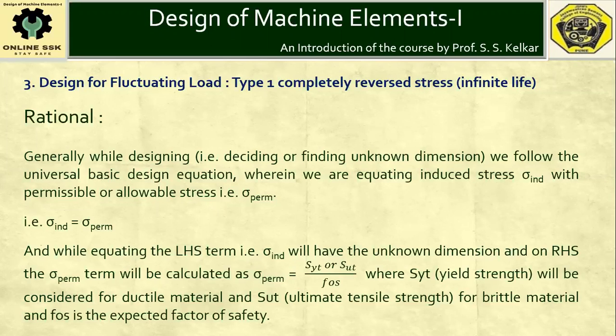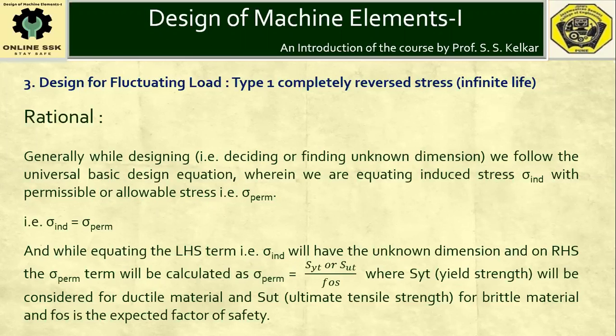If the material of the machine part is ductile, we take into account the yield point strength. If the material is brittle, we take into account SUT, the ultimate tensile strength. So, based on the nature of the material, we take either SYT or SUT, and that divided by factor of safety represents the allowable or permissible stress on the right hand side of the equation.